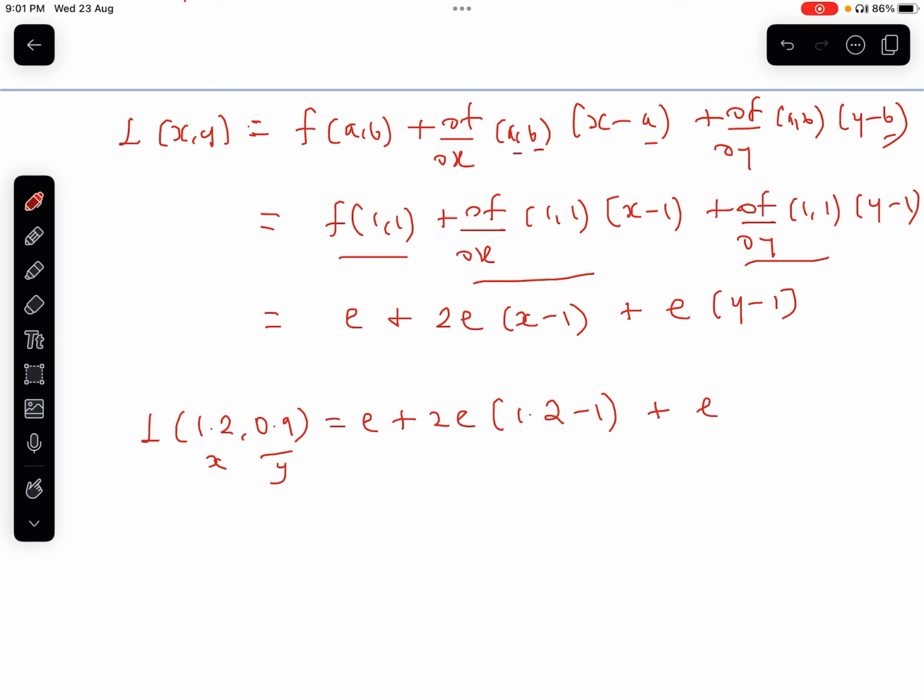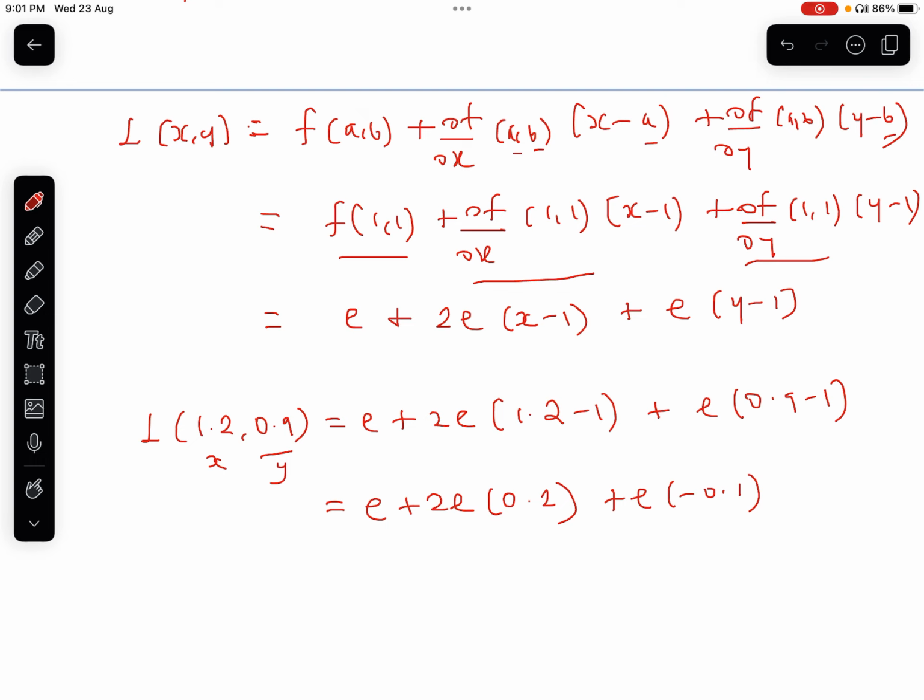So therefore e into (0.9 minus 1). Okay, so e plus 2e into 0.2, because 1.2 minus 1 is 0.2, plus e into (0.9 minus 1), therefore it will be coming as minus 0.1.